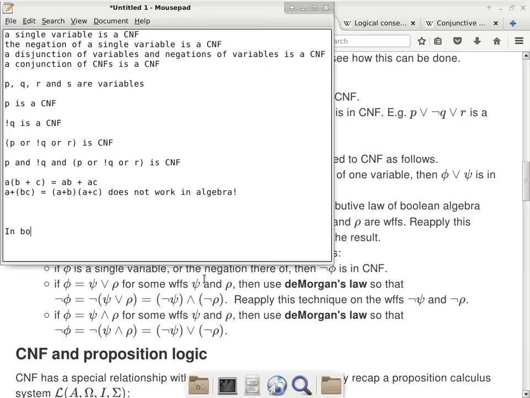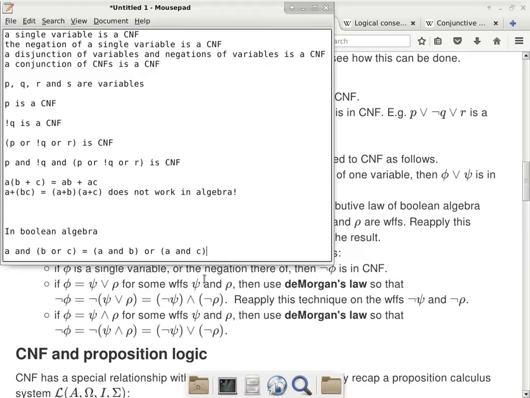Okay, so in Boolean algebra, which is an algebra system on its own, A and (B or C), this is the easy one, we can re-express as (A and B) or (A and C). And the way we can prove that this works is just by using a truth table.